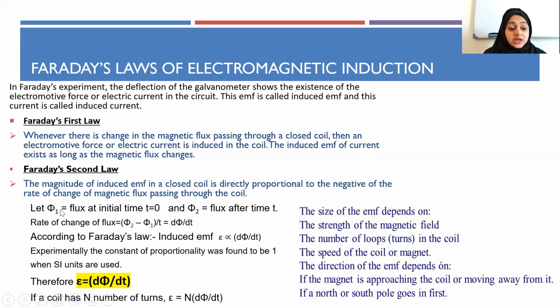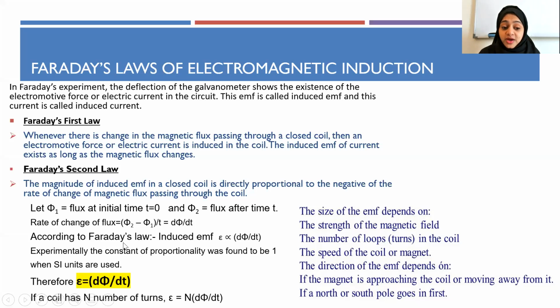Let phi1 be the flux at an initial time. In the beginning, the flux was phi1. After some time t, let the flux be phi2. Then the rate of change of flux will be phi2 minus phi1 divided by time, or if it is happening at a faster rate, d phi by dt.